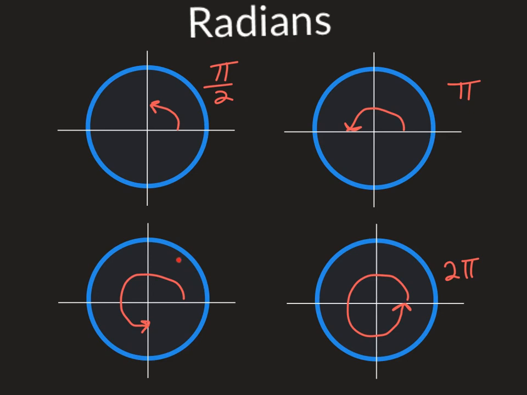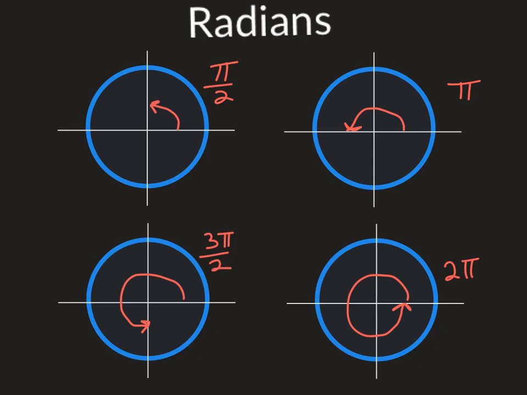I have pi over 2 plus an additional pi over 2 plus an additional pi over 2. How many pi over 2's is that? Well, that's 3. So I guess that's 3 pi over 2. So that's one way to think about it.